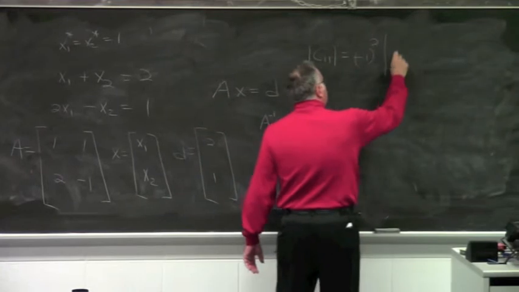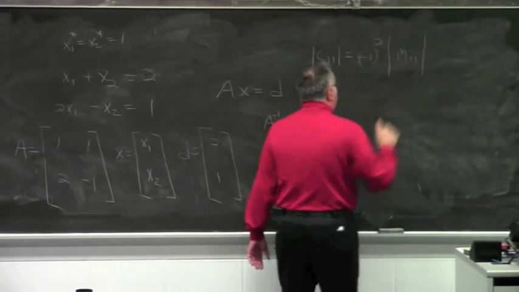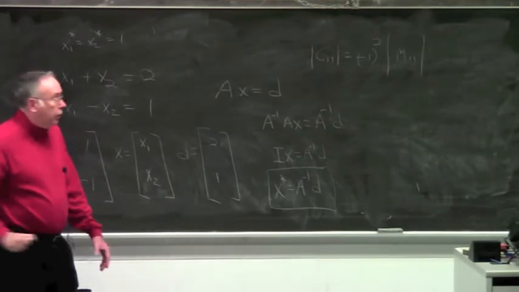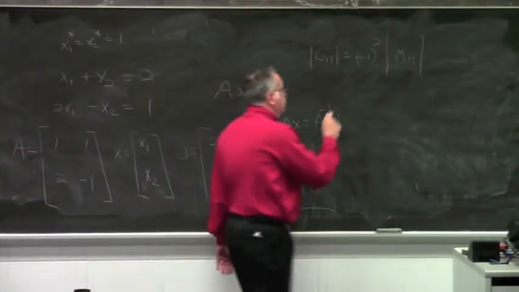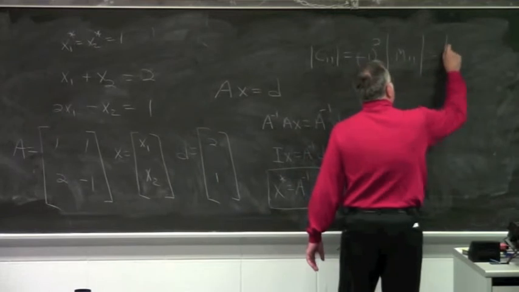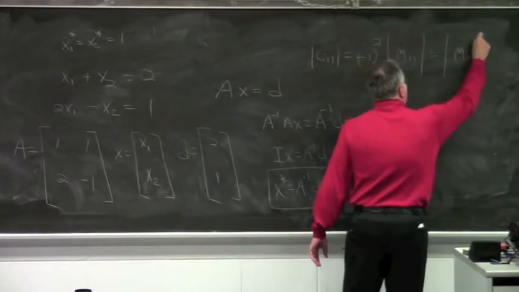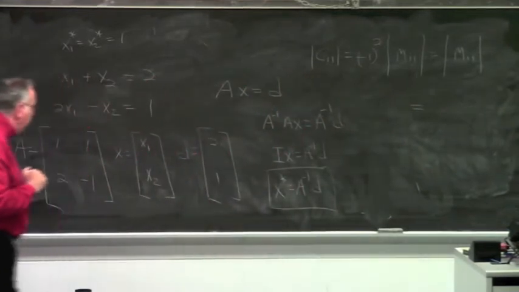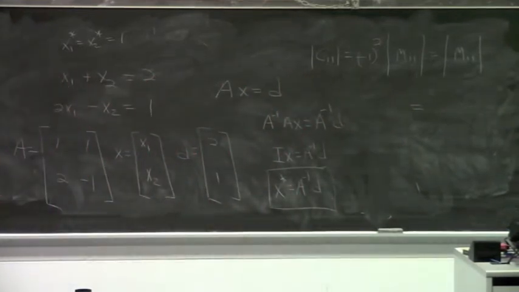So it's times M11. But minus 1 squared is plus 1. So it's just M11. And what is M11? This is so easy, it might be difficult.